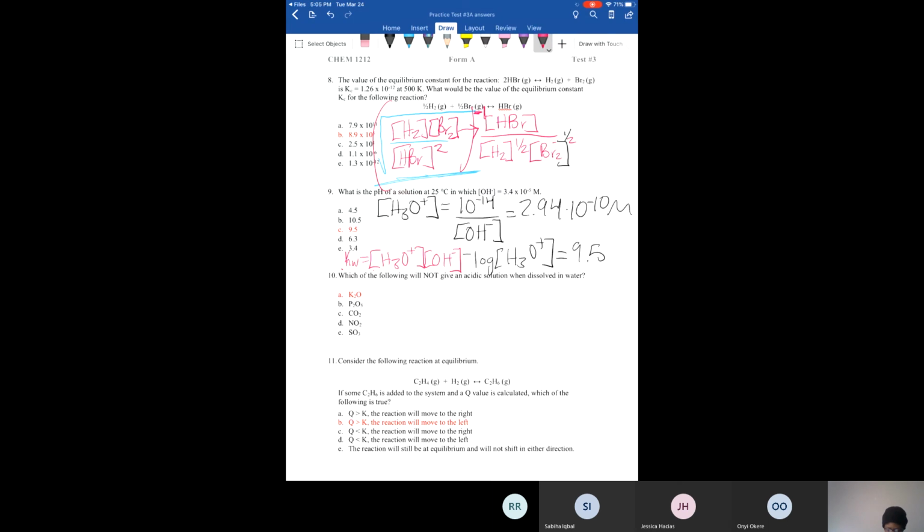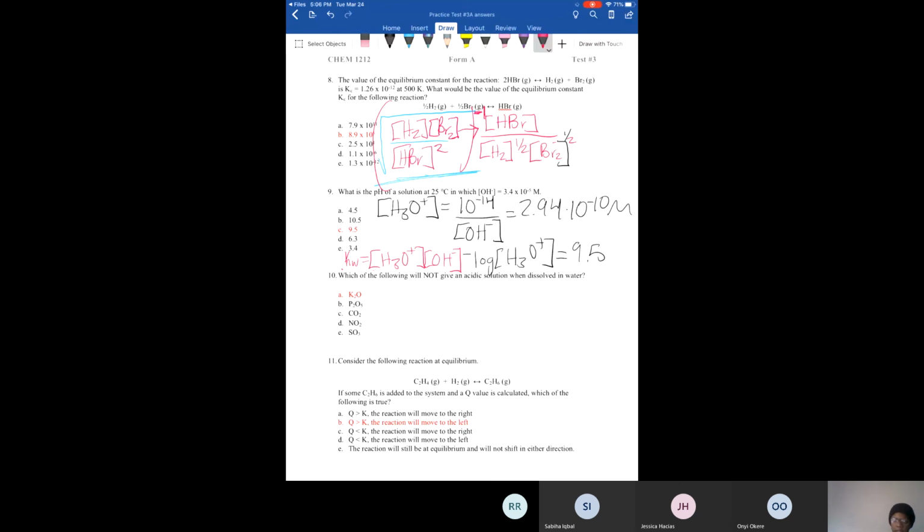So yeah, I think your metal oxides are basic in water. So it's going to form a base in water, if that makes sense.